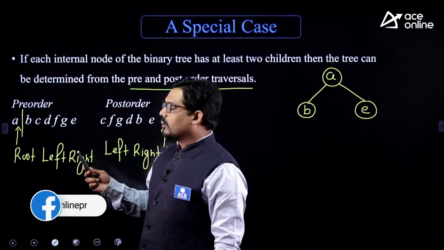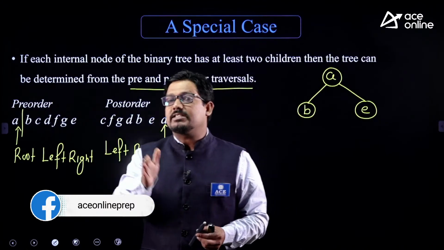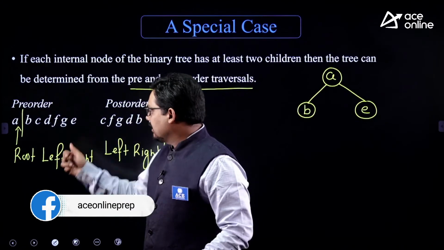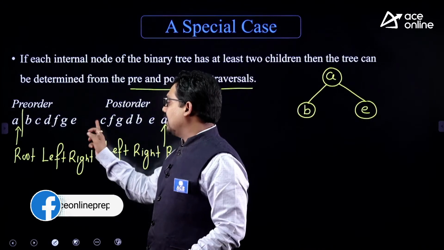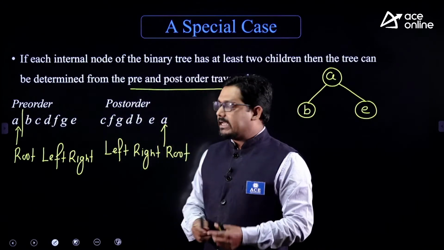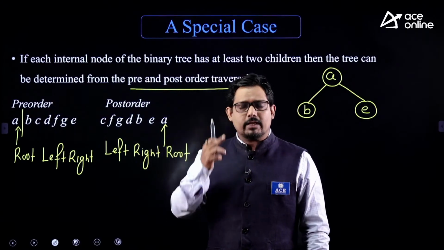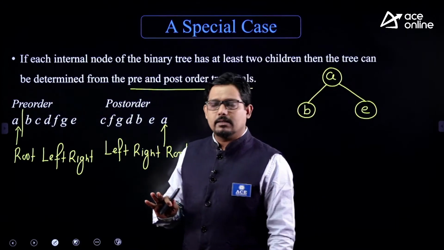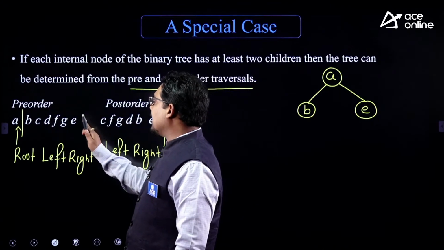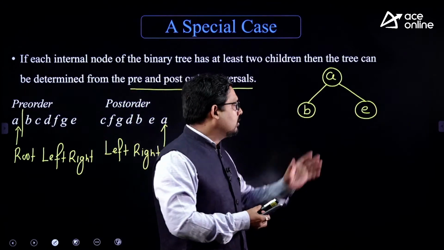But look at your pre-order traversal: after E you are not visiting any node here. After the root, left and right should be visited, but in this case there is no left and right. Hence I can say that E is the only node on the right subtree.